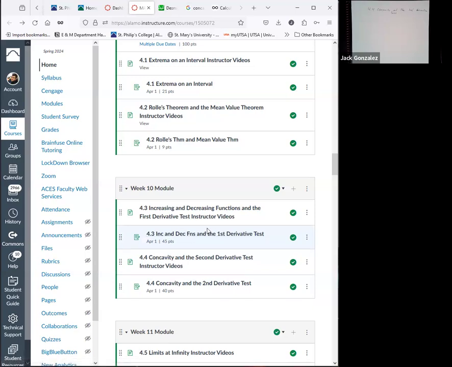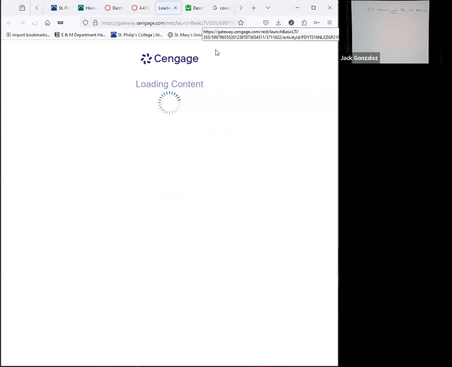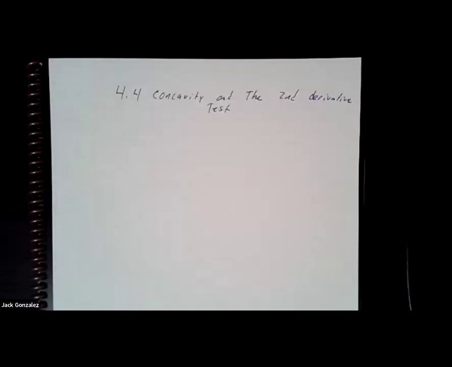We were able to kind of figure out if there was a maximum or a minimum there. Let me pick a simple question first.